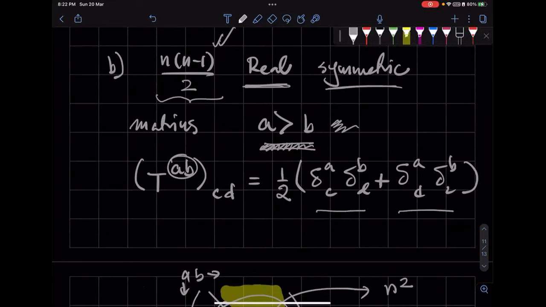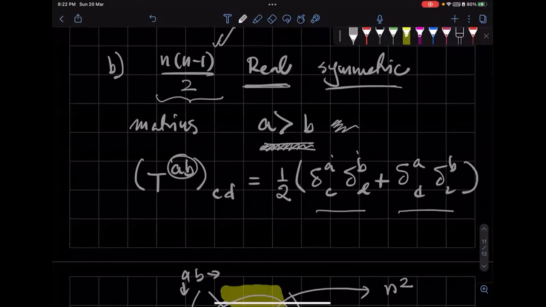And because a is never going to be equal to b, when we take the trace, it's going to give us 0, okay?